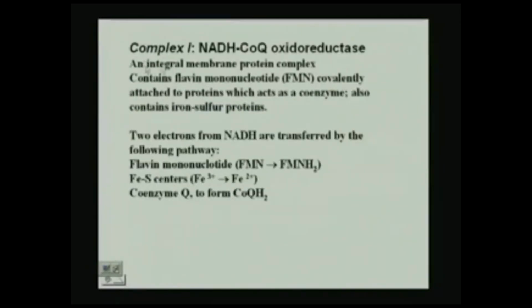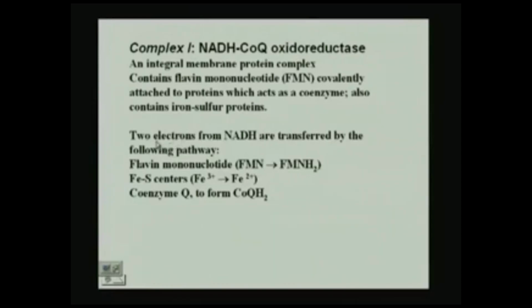So, complex 1 is the integral membrane protein complex that contains FMN, covalently attached to the proteins, which acts as a coenzyme, and it also contains the iron sulfur proteins. So, what does complex 1 have? It has the NADH dehydrogenase or CoQ oxidoreductase, and apart from that it has FMN and FeS clusters. That is what comprises complex 1.